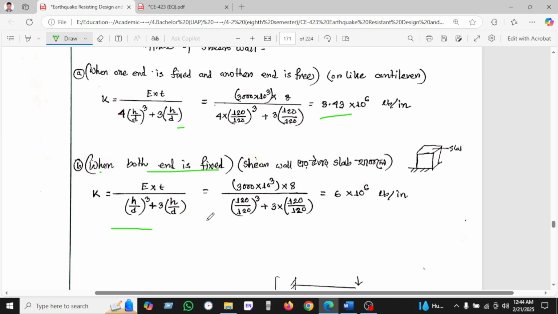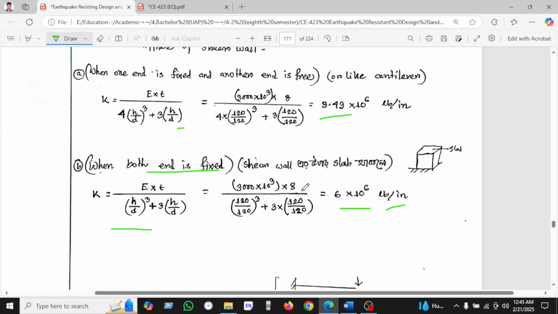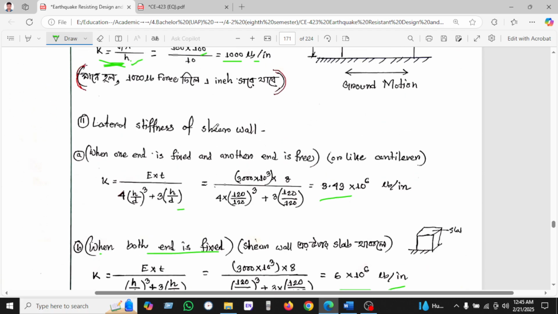Using this formula we found 6 times 10 to the power 6 pound per inch. We can use this formula also for the cantilever system. So these are the answers for the shear wall. So we have been calculating the shear stiffness.